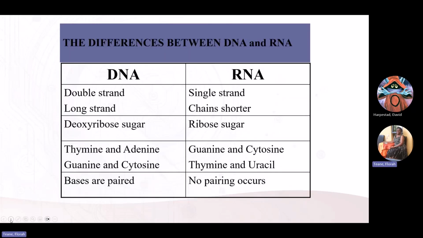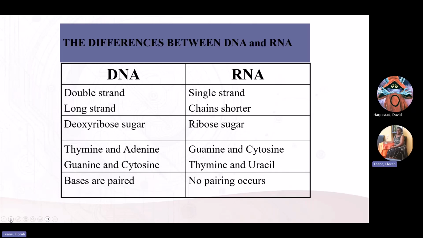Okay, let's quickly look at the two nucleic acids, the differences between DNA and RNA. DNA is a double strand, RNA is single strand. DNA is a little bit longer than RNA. The sugar is deoxyribose sugar. RNA is a ribose sugar.